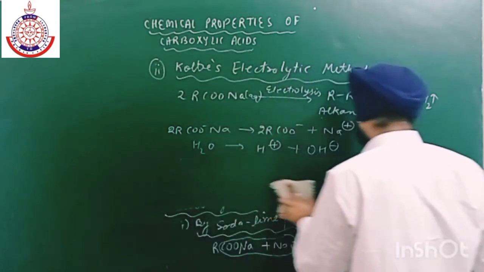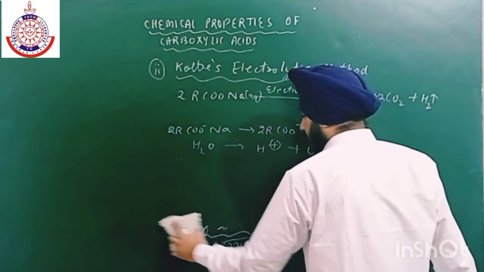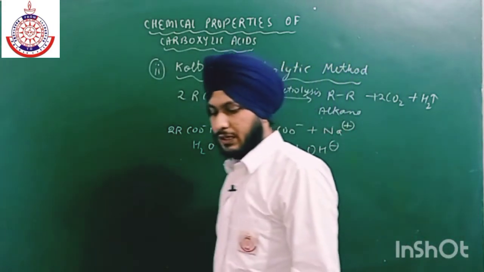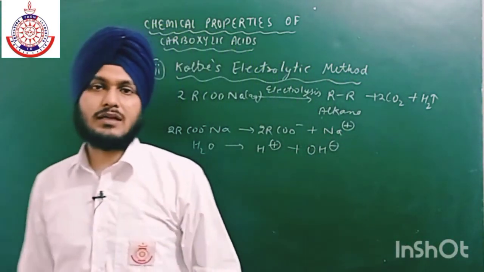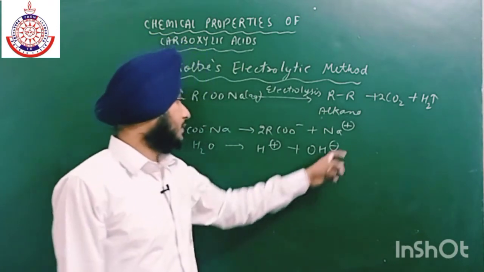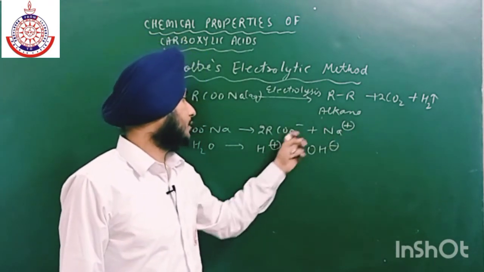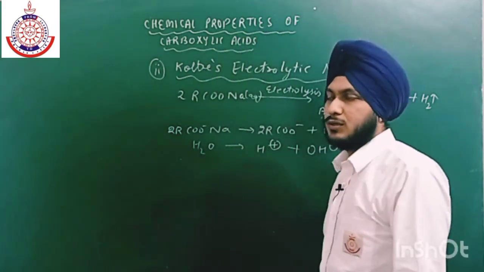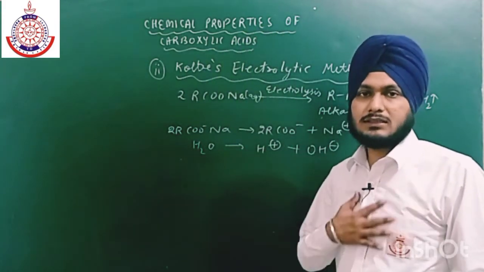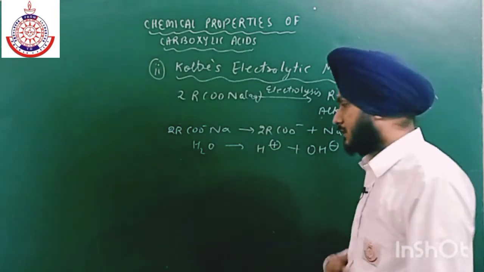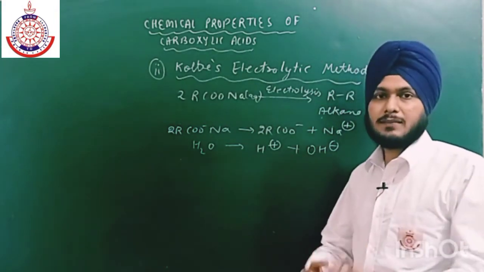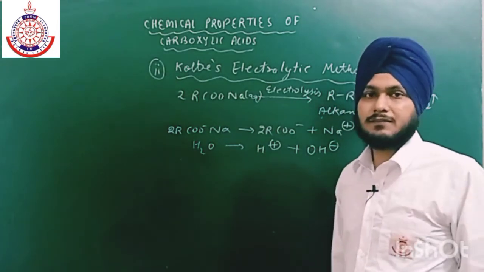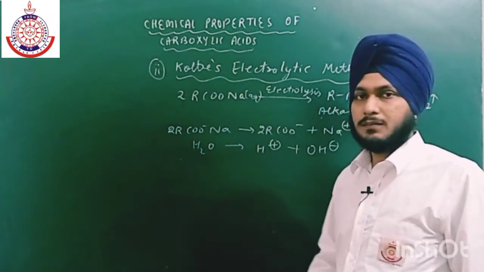Whose oxidation potential is greater will undergo oxidation at the anode, and similarly the cation whose reduction potential is greater will go to the cathode. We all know that the anode is positively charged and the cathode is negatively charged in the case of electrolysis, and in an electrochemical cell the signs get reversed: the anode in that case will be negative and the cathode will be positive.